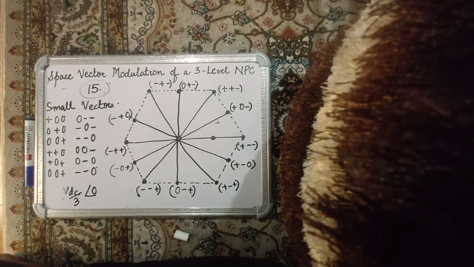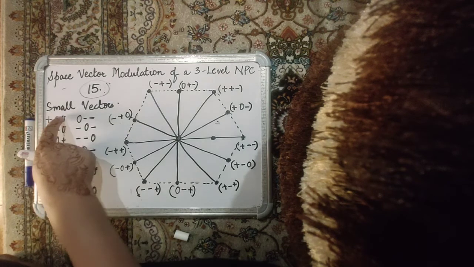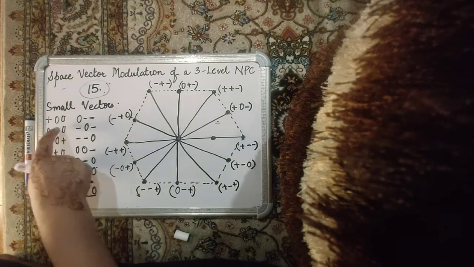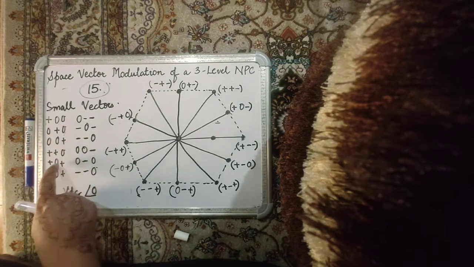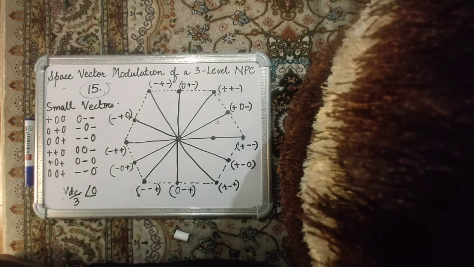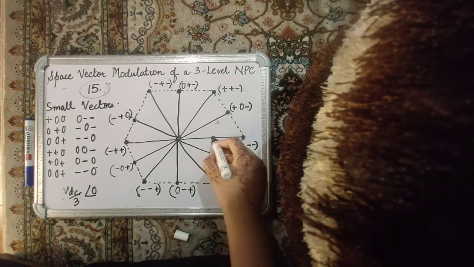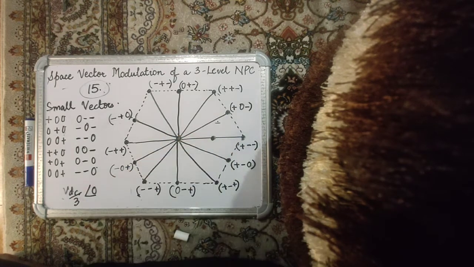occupy only 6 positions. These two will occupy the same position, these two will occupy the same position, and so on, which means each small vector position has a redundancy of 2, which means each position will be achieved through 2 switching states.